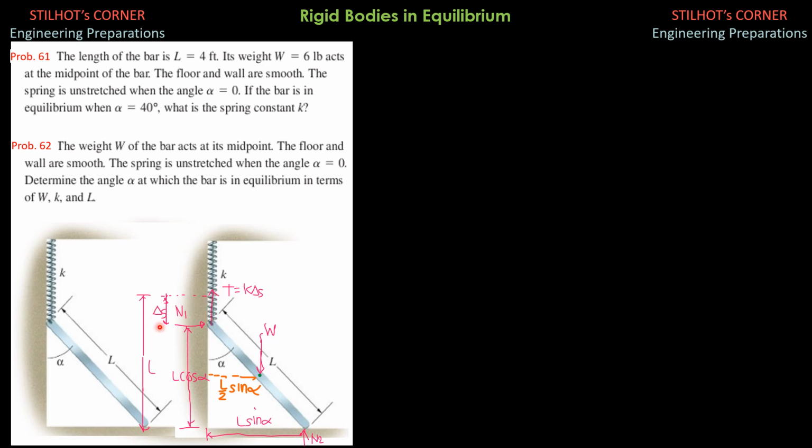At its vertical position, the length is L, and in this final equilibrium position, the length becomes, in terms of alpha, hypotenuse L times cosine of alpha.